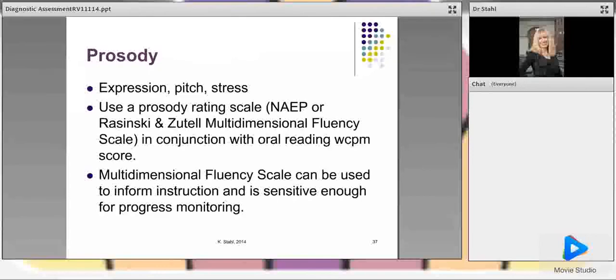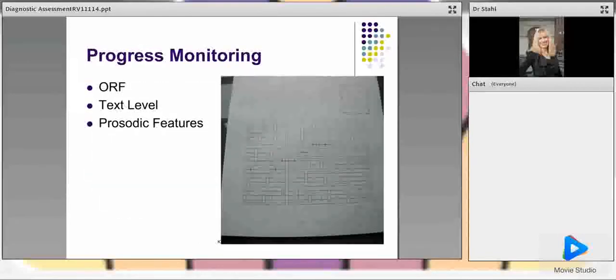There are also tools that you might use for 1st graders to look at prosody, like the NAEP scale or the multidimensional fluency scale, which can be used to inform instruction.